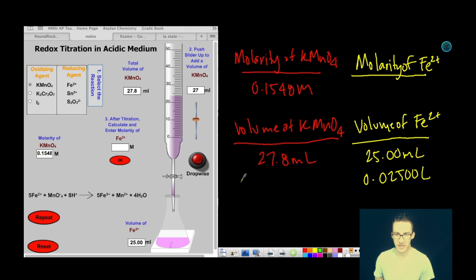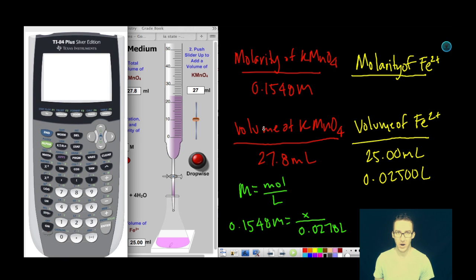Okay, so first step, let's use the molarity formula to determine the number of moles in that 27.8 milliliters of potassium permanganate that we used. We know the concentration is 0.1548 molar equals X over 0.0278. Don't forget to convert to liters there. And then it's just a matter of busting out the calculator.